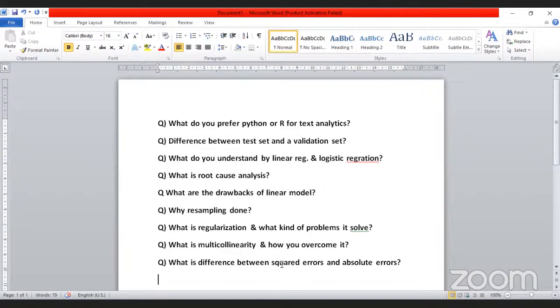Okay, and what is the mean absolute error? Mean absolute error is a quantity used to measure how close predictions are to our outcomes, right? How close our future predictions are to our outcomes.